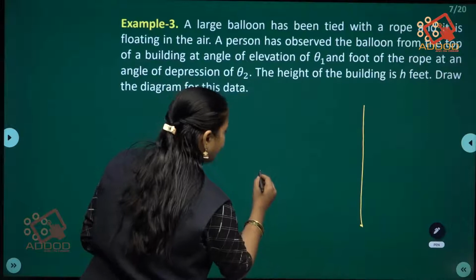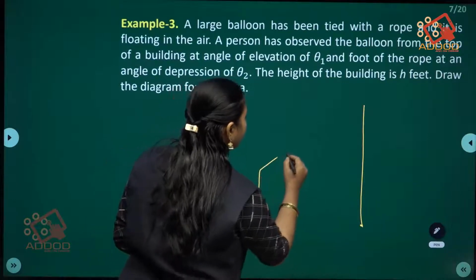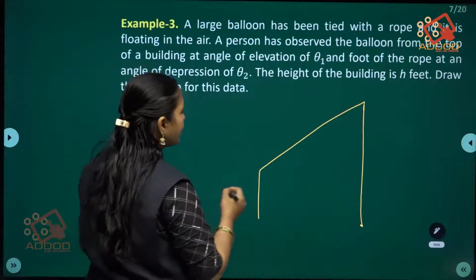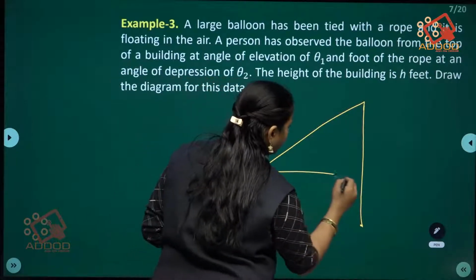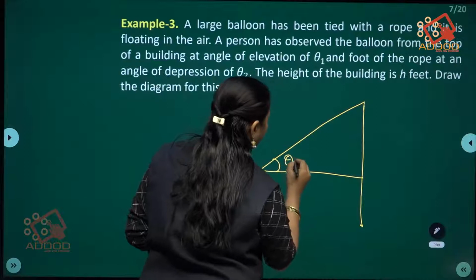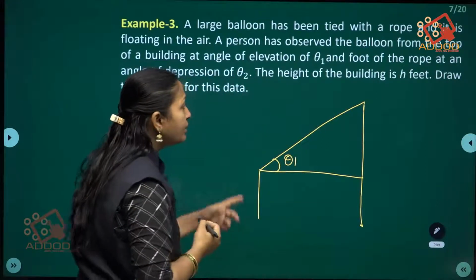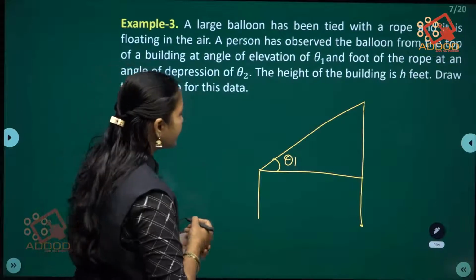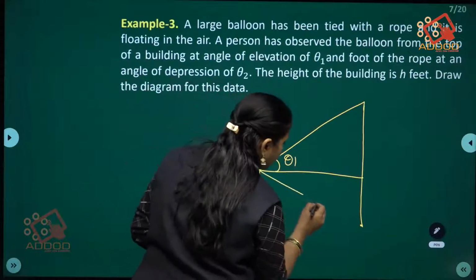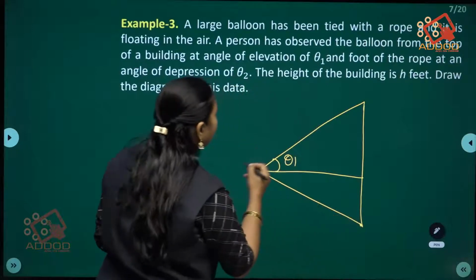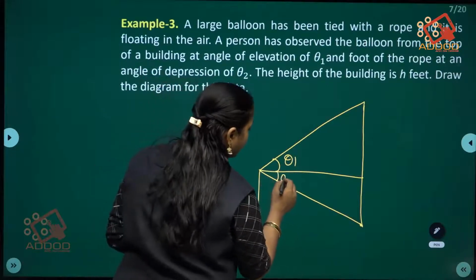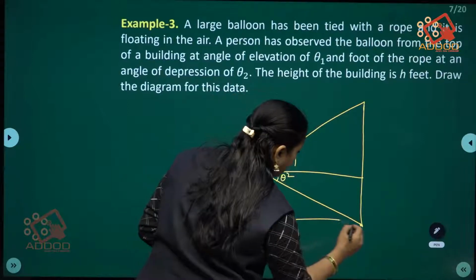Let's take it is a building, and he observed from the top of the building at an angle of elevation theta degrees, theta 1. Now this is theta 1. And the foot of the rope at an angle of depression is theta 2. So let's take it is theta 2 and join this.